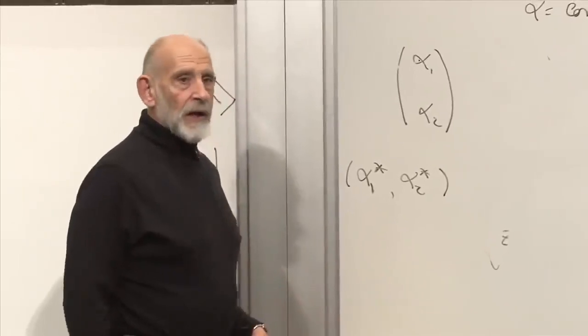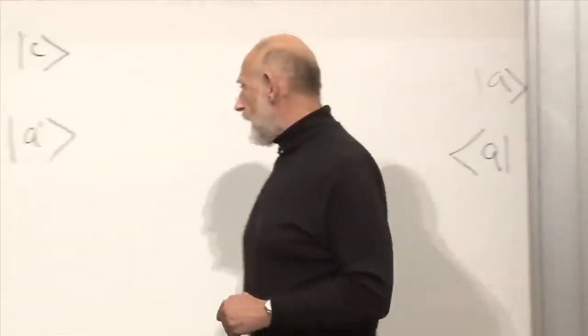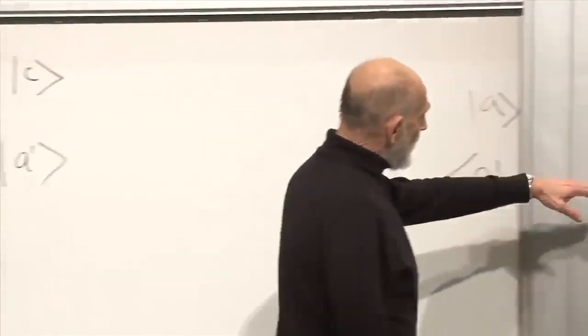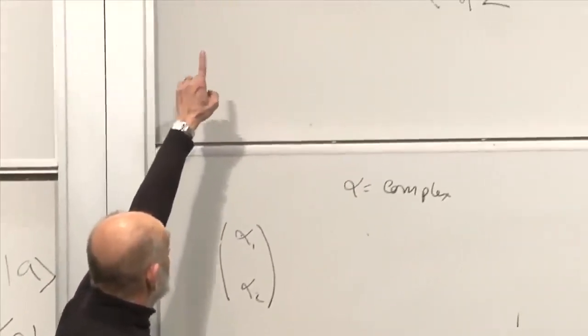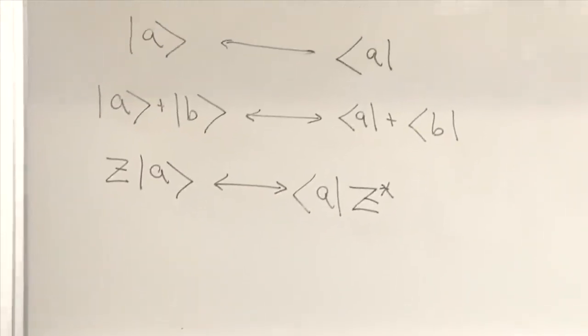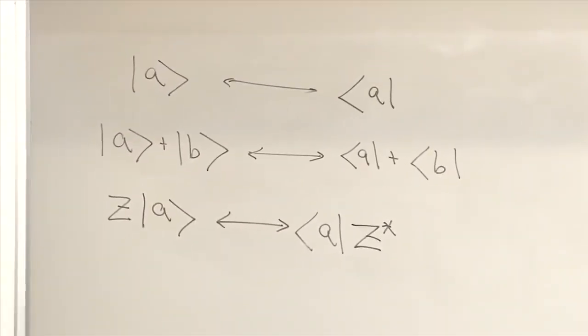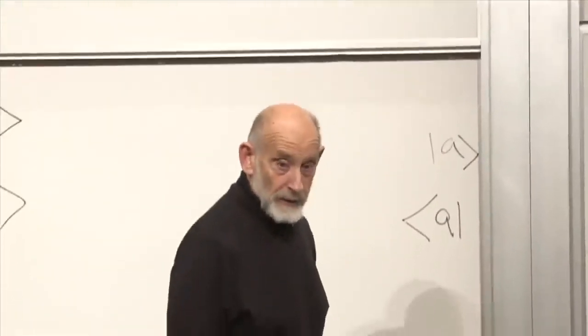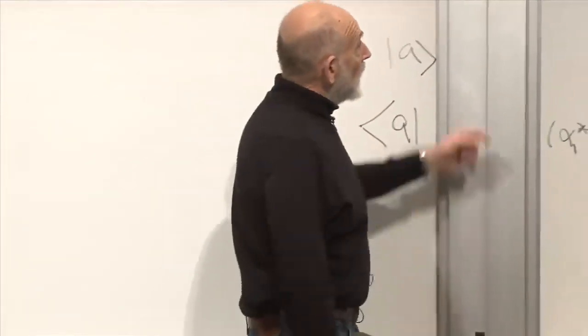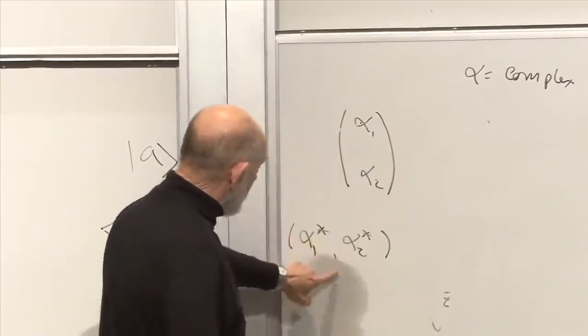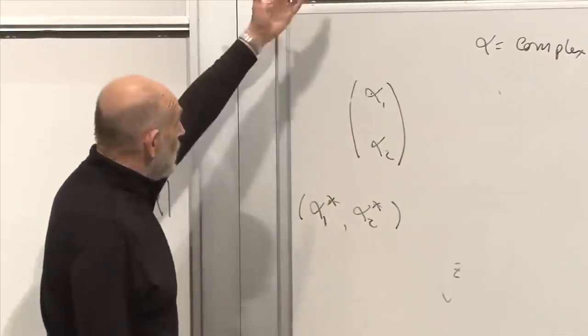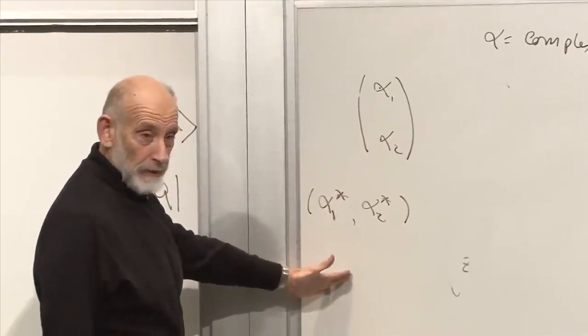That's the dual vector. All right, now you can check with this definition the postulates, namely that if you add two vectors and then take the dual, whether or not you get the sum of the duals. And you can check whether when you multiply this by a complex number and then take its dual, whether it just multiplies by the complex conjugate number.